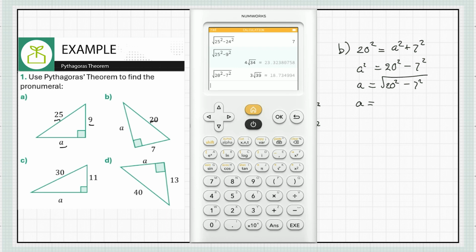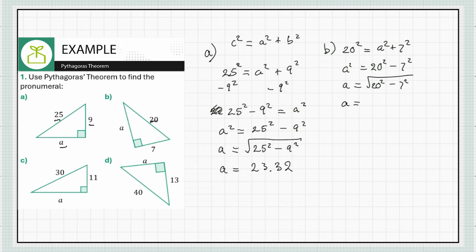Alright, the end result is 18.734994, and this is approximately equal to this. We do the two squiggly lines.